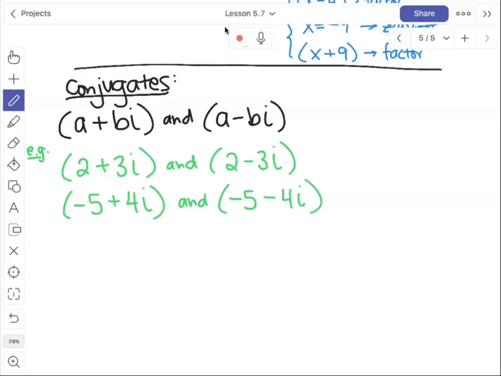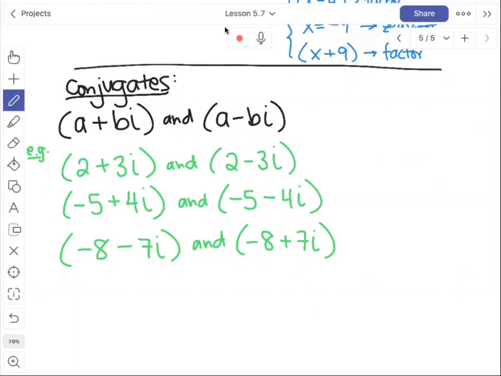Right? Only that middle sign changes. Or if I have negative 8 minus 7i, then the conjugate would be negative 8 plus 7i. So those would be considered conjugates, okay?